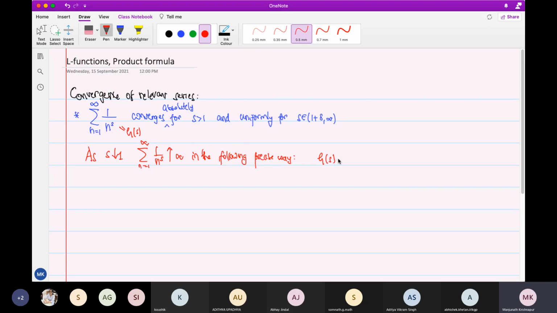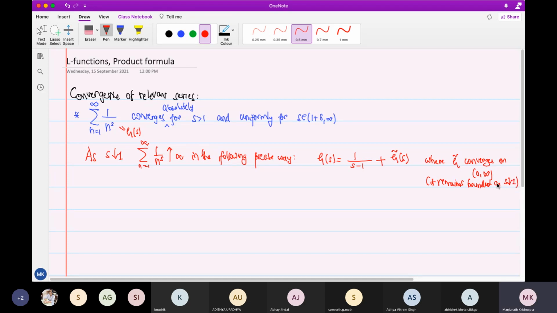Zeta of s is 1 over s minus 1 plus zeta tilde of s, where zeta tilde is something that converges on 0 to infinity. So in particular, it remains bounded as s goes down to 1.